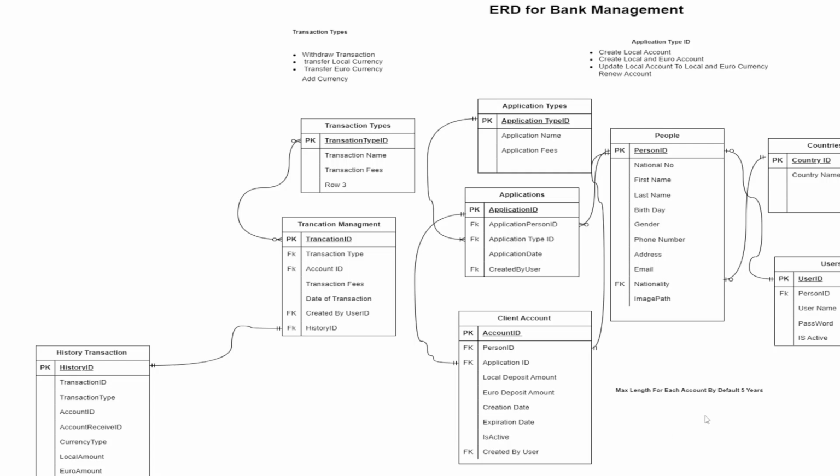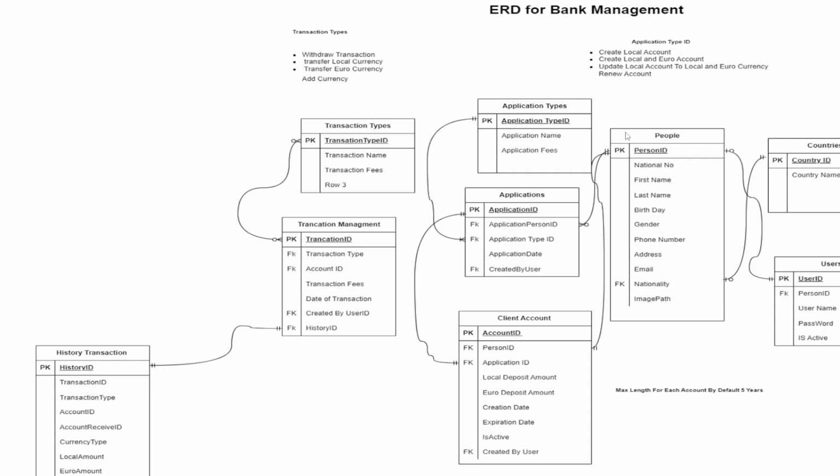The expiration date we have selected as default 5 years, and we must know if the account is active or not, and which user created this account. This makes the program more secure, to know which user created this account.